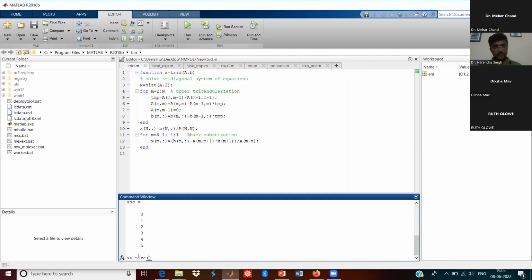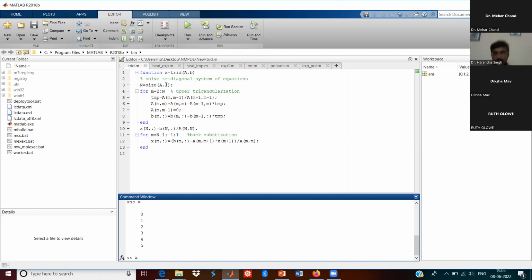N equal to size of a comma 2 tells you the size of the column. A comma 2 means column. If I write a comma 1, that is the size of row, that is how many rows there are in A. If we write a comma 2, that is the size of column.